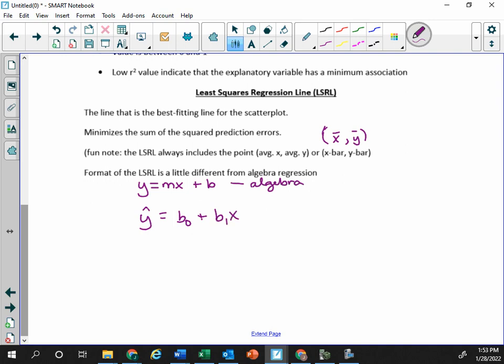Why we feel the need to change the order and put the slope second, I don't know. It's so it goes in order, b sub 0 and then b sub 1. It's the same thing as what you did in algebra, just the notation looks different. So this one is the slope, and this one is your y-intercept. And that y hat, that's predicted y.